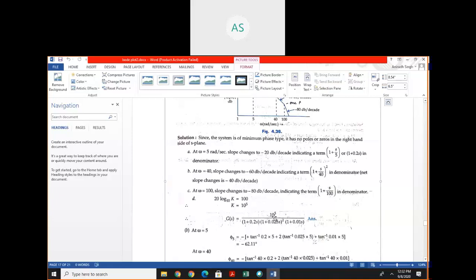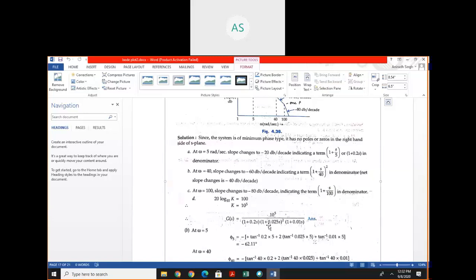So G(s) is equal to 10 raised to the power 5 divided by (1 plus 0.2 s) multiplied by (1 plus 0.025 s) whole squared, multiplied by (1 plus 0.01 s).